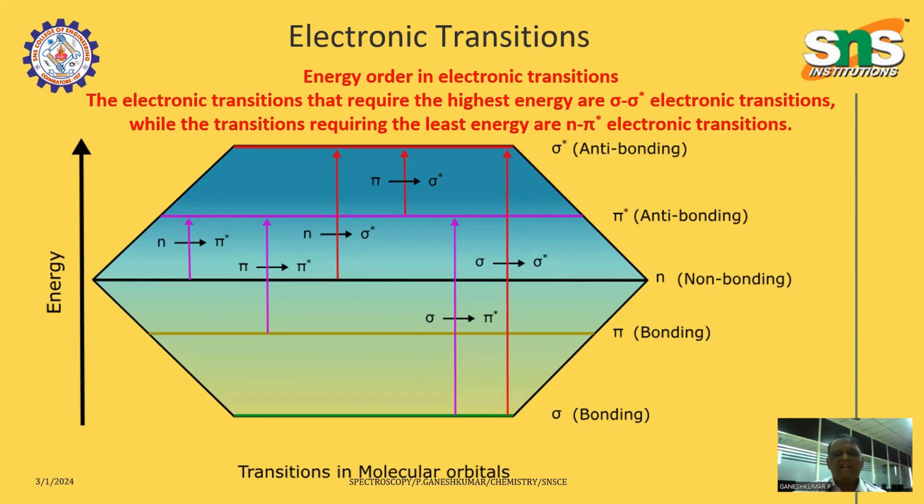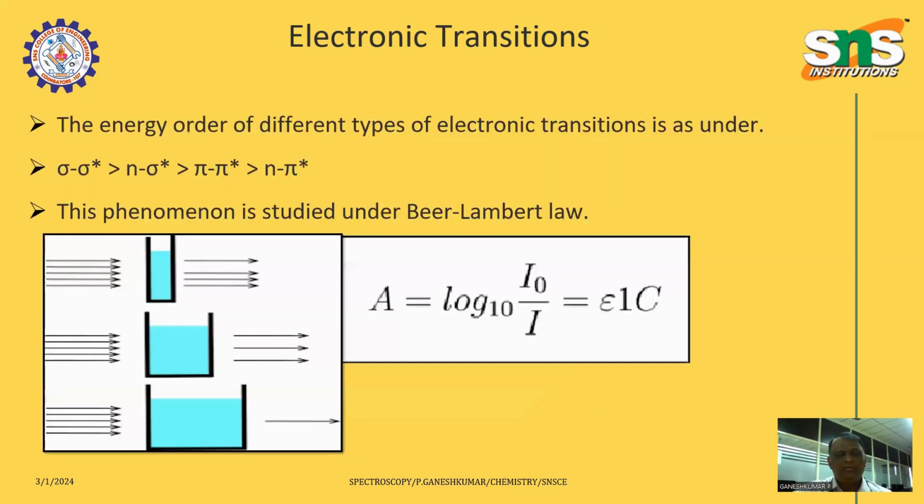By understanding that, we can identify what type of electronic excitation happens in the molecule. This order is represented here: the energy of sigma to sigma star is greater and n to pi star will be less.